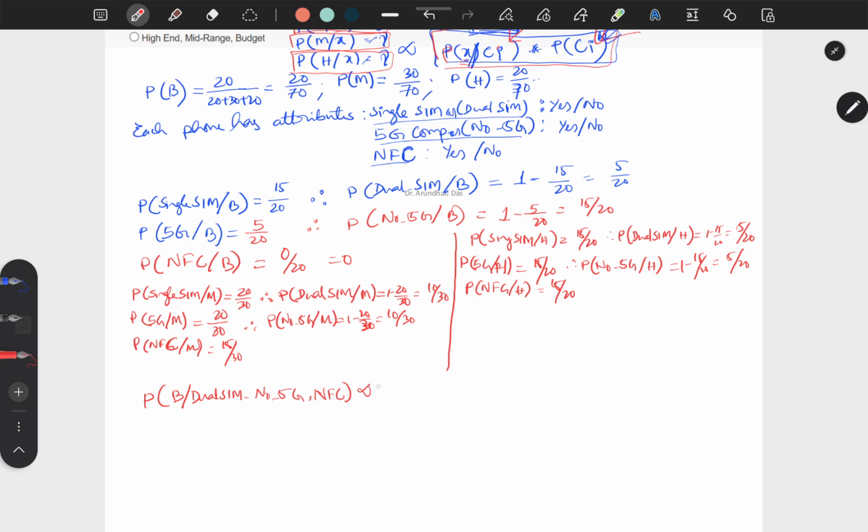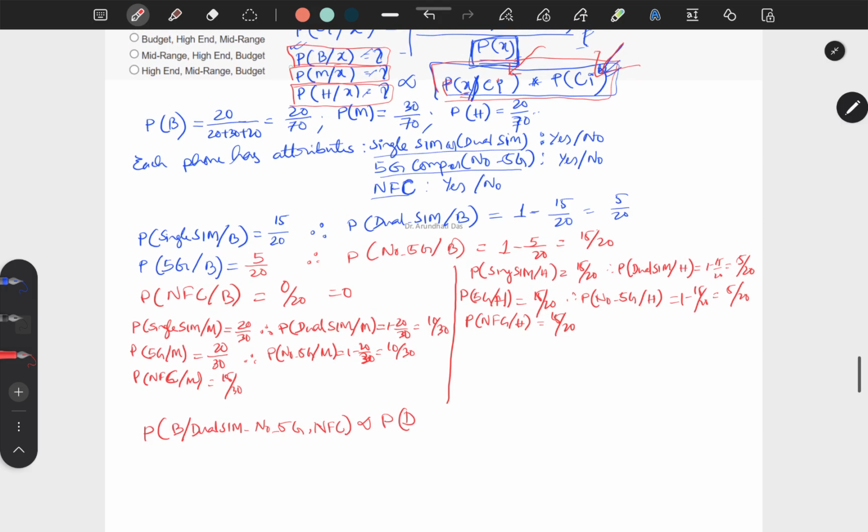So this probability is equal to, I'm just writing this one, probability of the class level being budget given the features, which is proportional to the probability of the features given the class level.